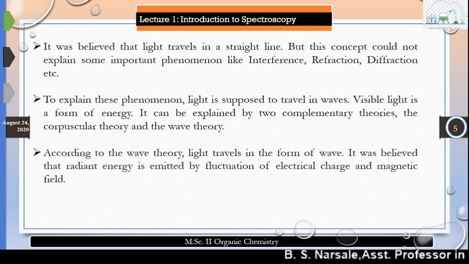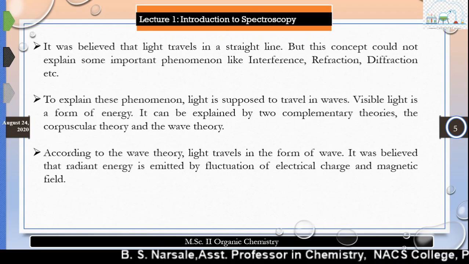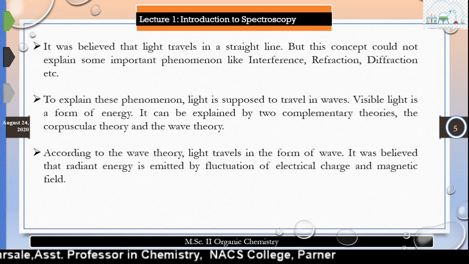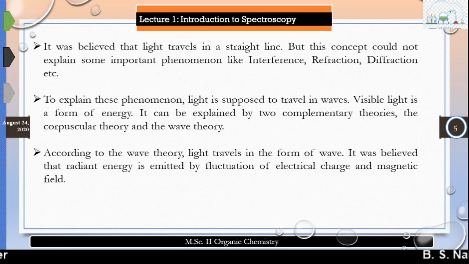According to the wave theory, light travels in the form of a wave, and we call it radiant energy, which is emitted by a fluctuation of electric charge and magnetic field.